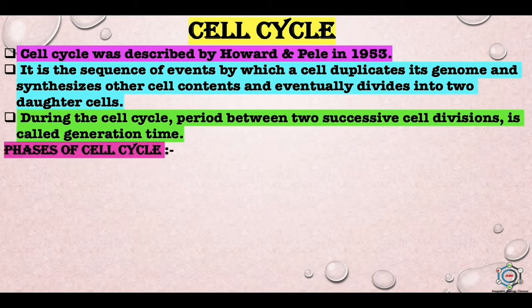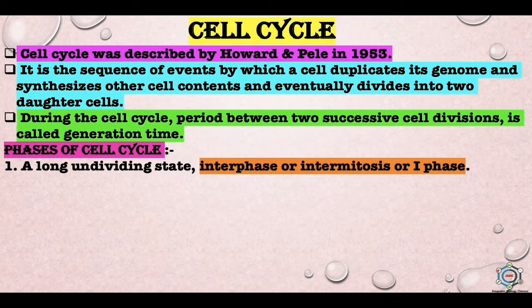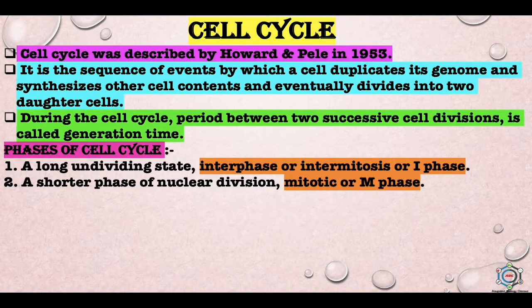Now, the phases of the cell cycle. It has two main phases, in which the first one is a long undividing state known as interphase, or intermitosis, or I phase. The second is a shorter phase of nuclear division, known as the mitotic or M phase.